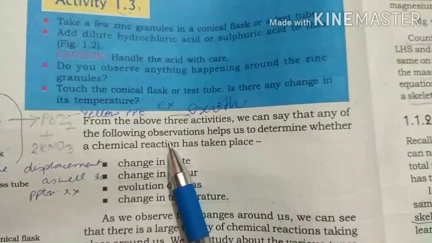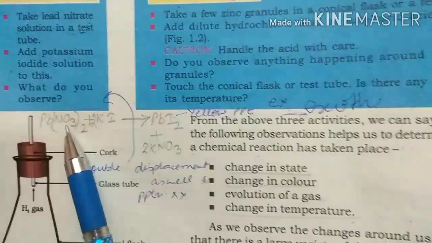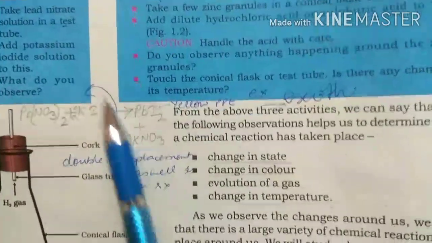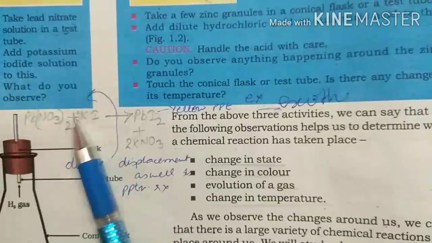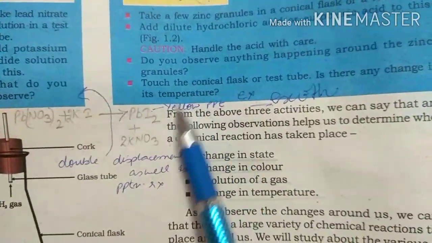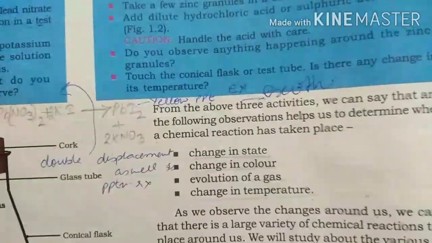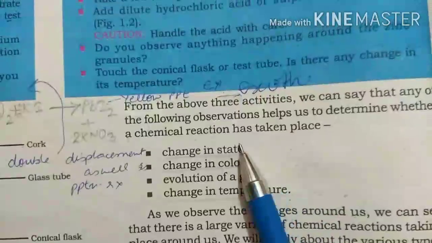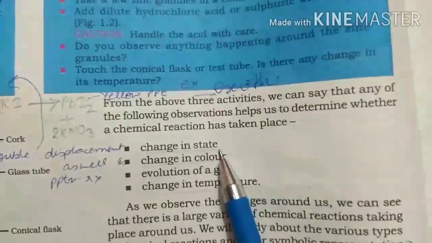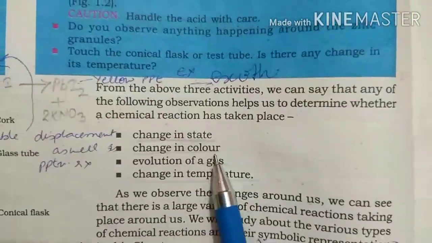Similarly, in the previous reaction where we have used lead nitrate and potassium iodide, these were also liquids, they are solutions. Okay, and we have obtained yellow precipitate, that is a solid substance which settles at the bottom of the test tube. There also we have seen change in state. Next is change in color.